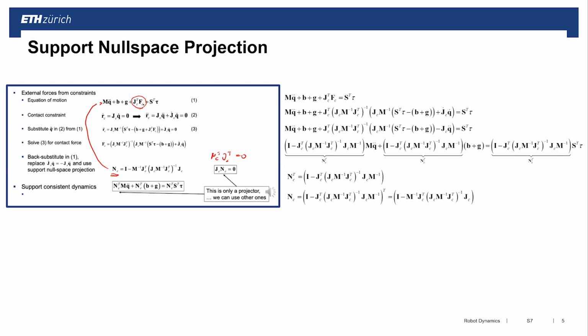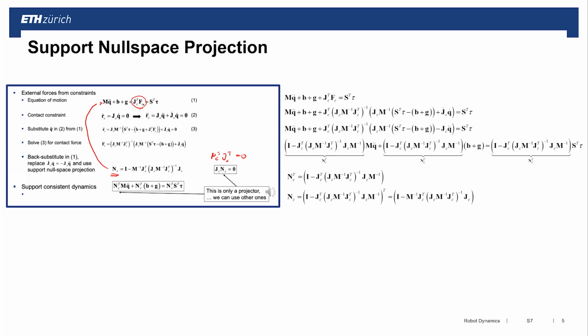And the reason we can do that is because if you look at the dimensionality of these individual components, you see that depending on how many contacts we have, only a subdomain of the complete equations is captured by the constraint forces, and the rest can be the free motion of the system. So let's analyze this a little more in detail.